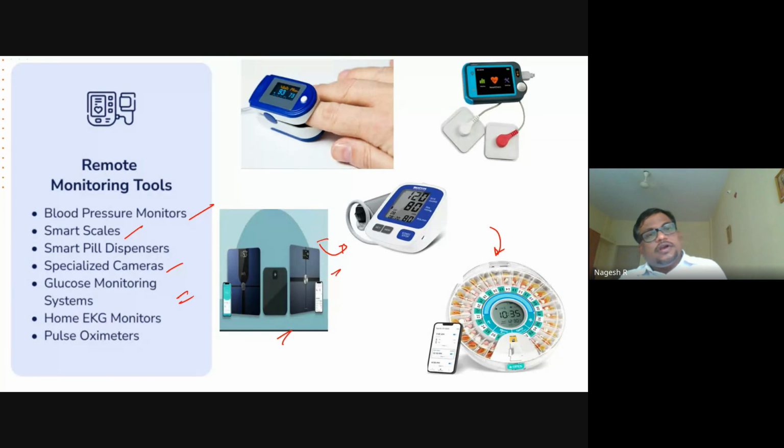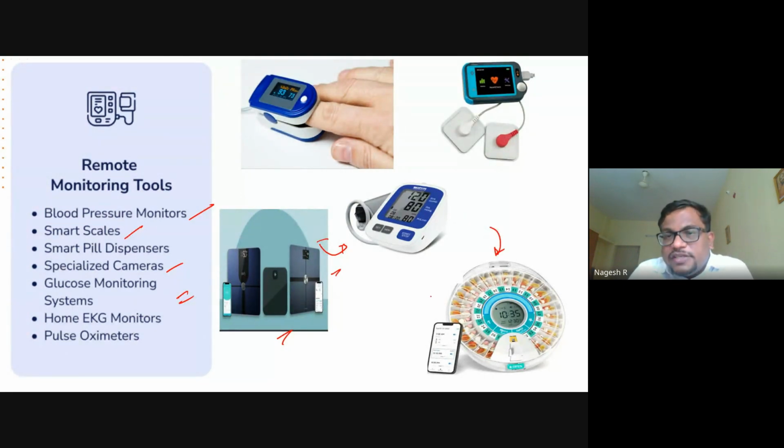This is a very interesting device which I came across, a smart pill dispenser. After a trauma or an injury or an operation, patients are expected to take a huge number of pills. Generally, this is not a regular trend, and it will not be for a long time. It will be difficult for the attender as well as the patient to understand how many pills I have to take.